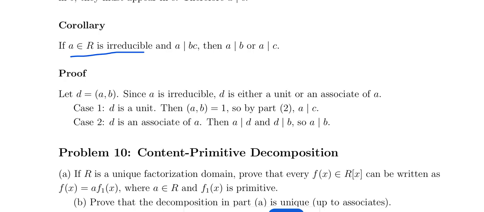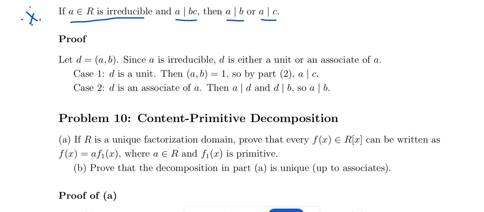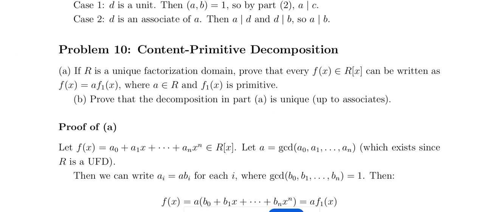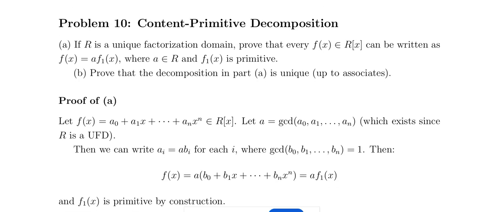If a belongs to R is an irreducible element and a divides bc, then a divides b or a divides c. And the content we already saw, the content and primitive decomposition. So that means, let R be a unique factorization domain.